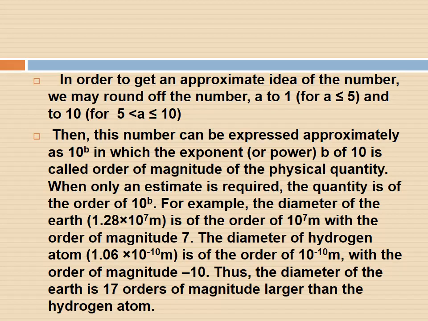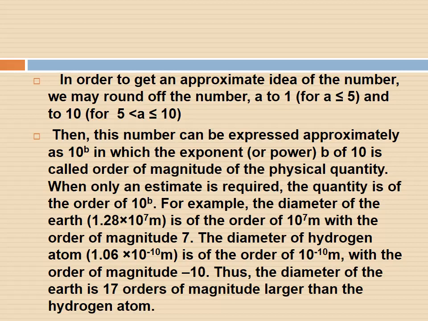Then this number can be expressed approximately as 10 to the power of b, in which the exponent or power b of 10 is called the order of magnitude of the physical quantity. When only an estimate is required, the quantity is of the order of 10 to the power of b. That is, this exponent shows the magnitude of the physical quantity.